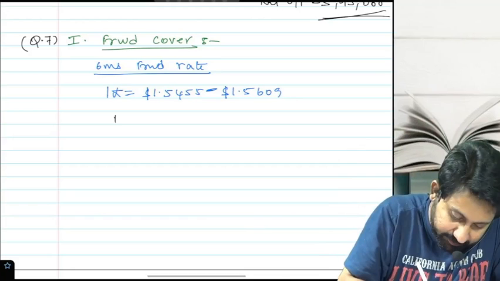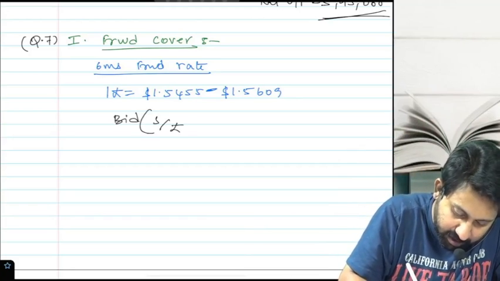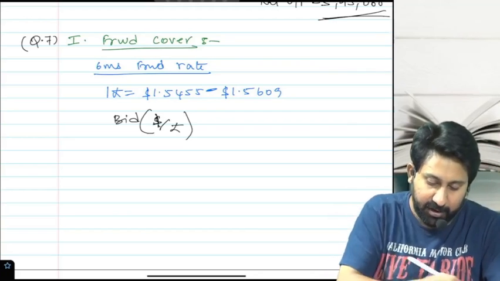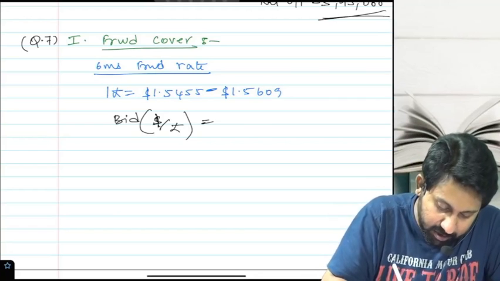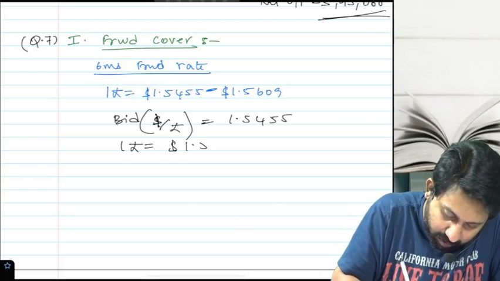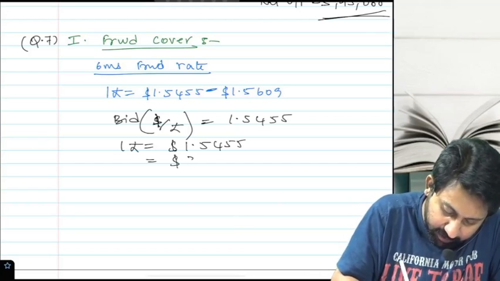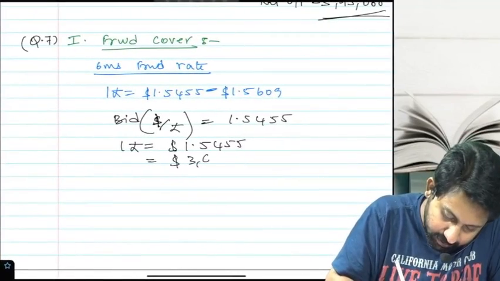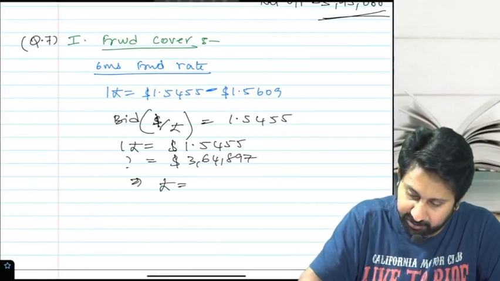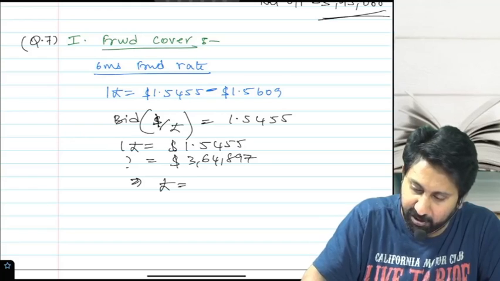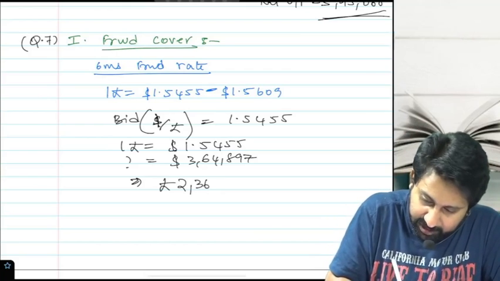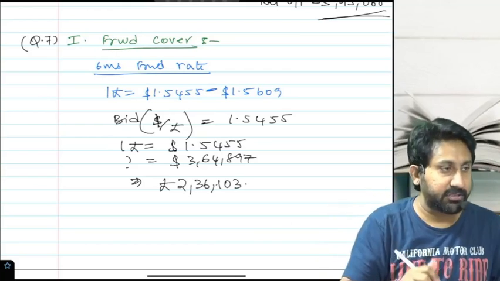So the quotation is on pound, dollar by pound. Now bid of dollar by pound. What is the bid of dollar by pound? 1.5455. So 1 pound equal to dollar 1.5455. Dollar 3,64,897. How many pounds we need to pay? 364,897 divided by 1.5455 is pounds 2,36,103.